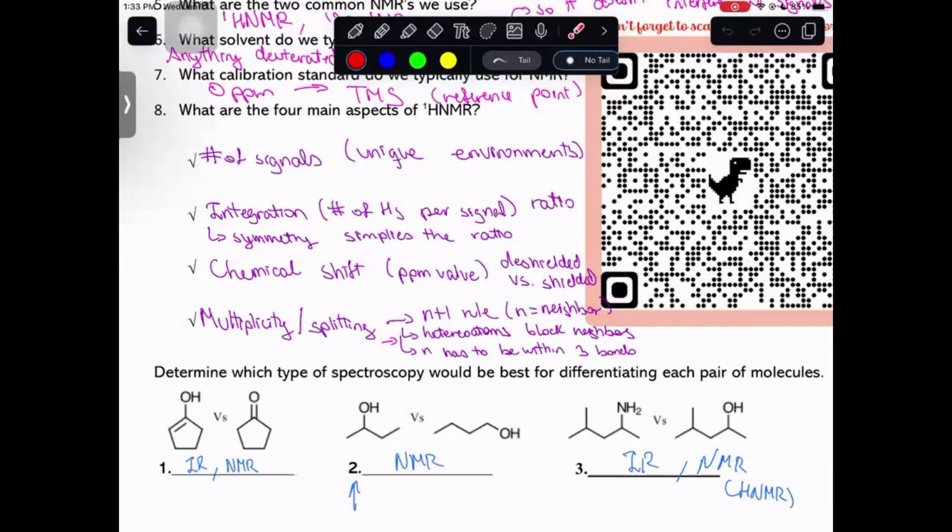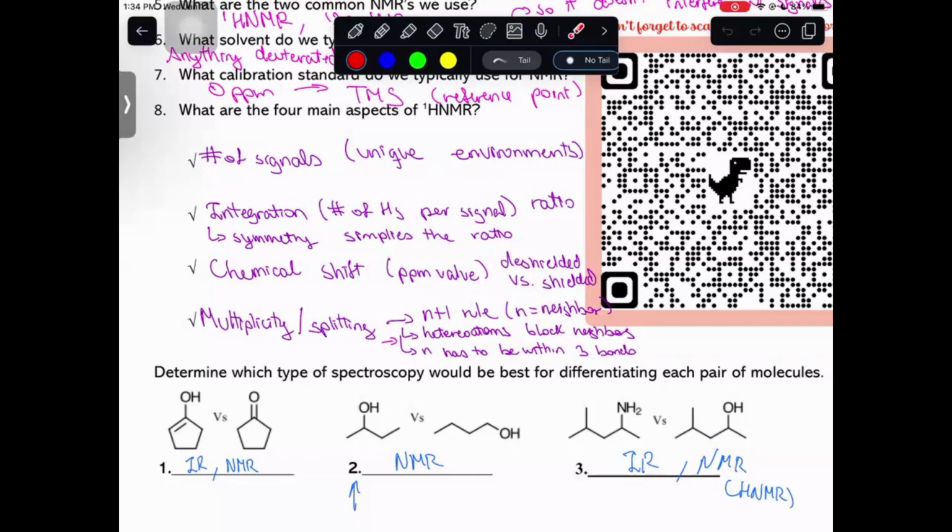Next one is gonna be your chemical shift. He was talking about that one today and he went into more depth on this one. Chemical shift is just the ppm values, which means that you have something that's deshielded versus shielded. Hopefully you know the difference between them, but what's deshielded? What does it mean?